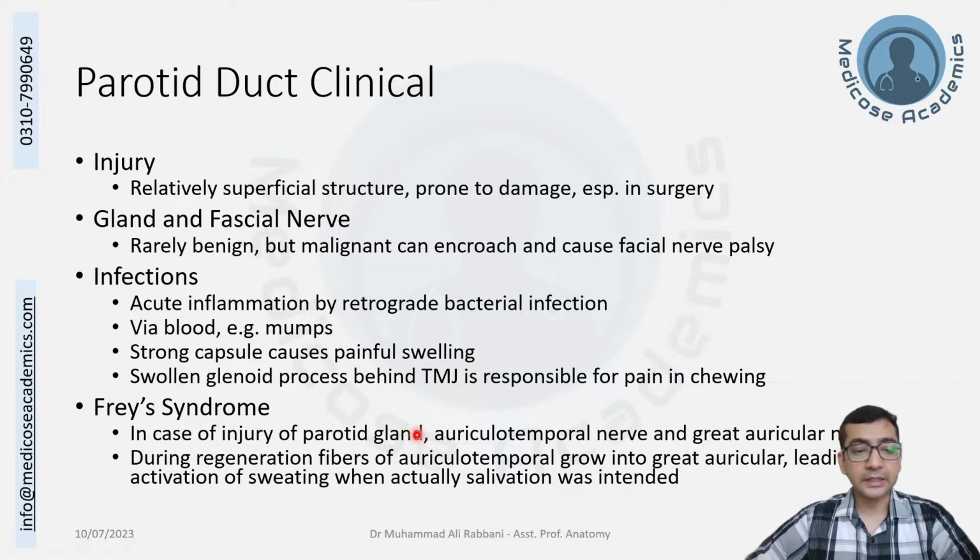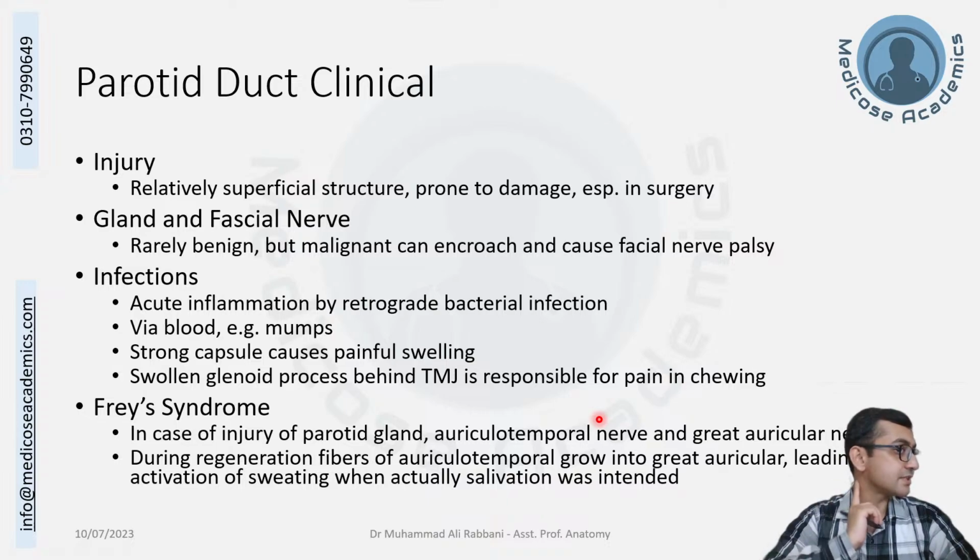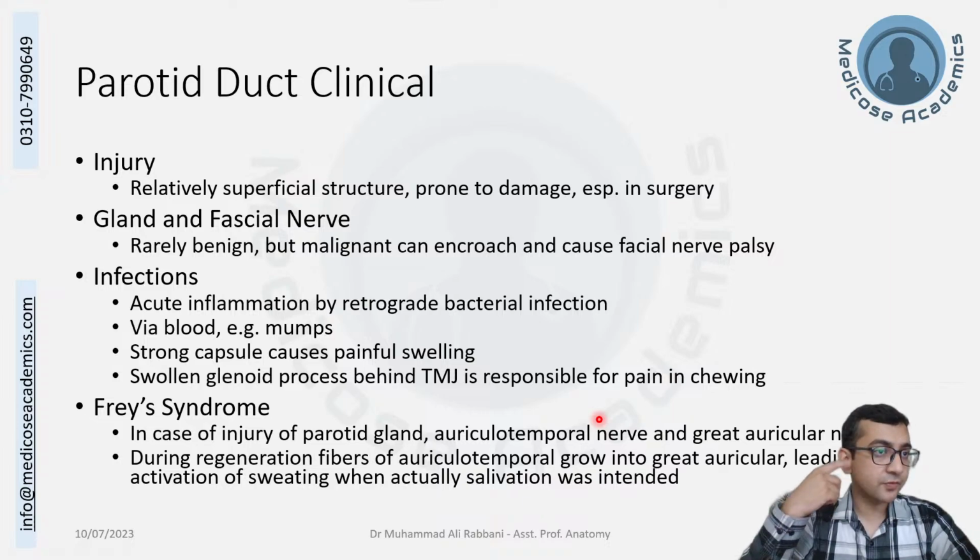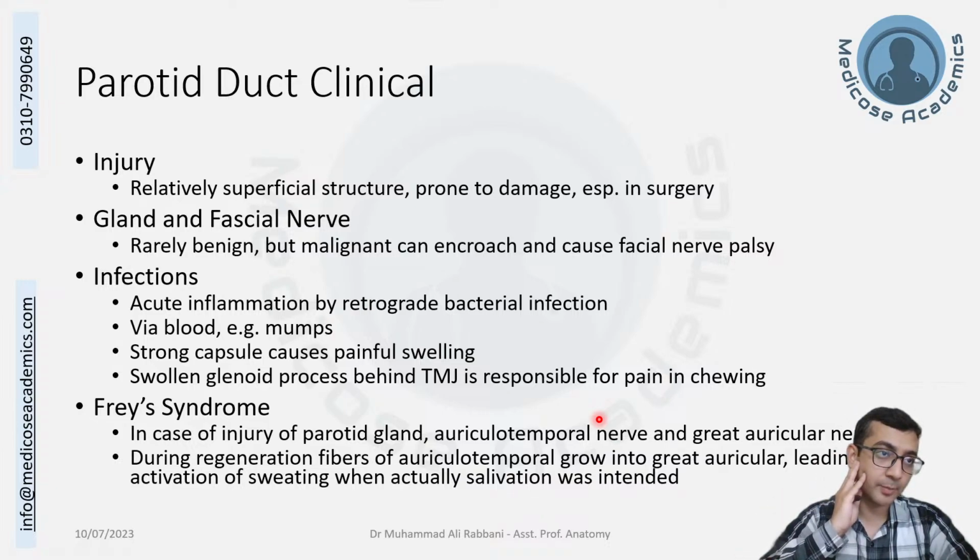It happens when in the parotid gland there are two nerves that are very near to one another. There is the auriculotemporal nerve, coming from the mandibular nerve across the neck of the mandible into the parotid gland and passing in front of the ear. And then the greater auricular nerve, the sensory nerve from the cervical plexus that was coming right here. The greater auricular nerve was sensory, supplying the sweat glands and skin over the angle of the mandible.